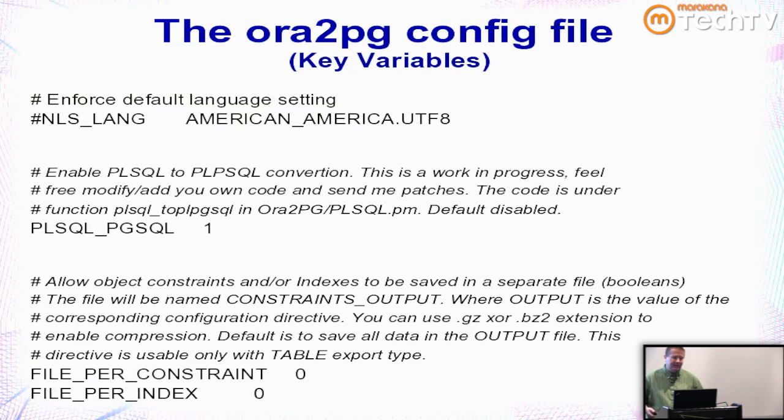There you can set the default language. Likewise, there you can enable the PLPG SQL conversion convention. In this case, we left it at the default, and we didn't have any issues with it.